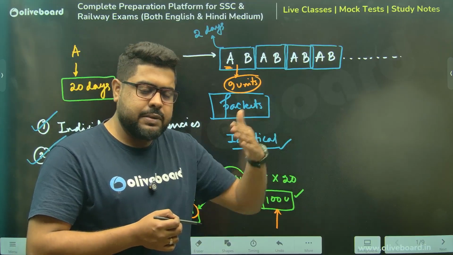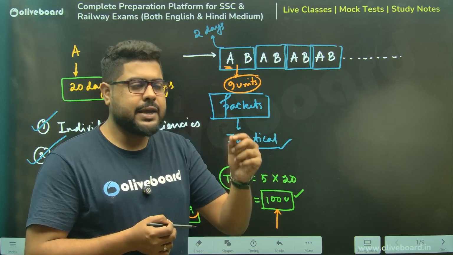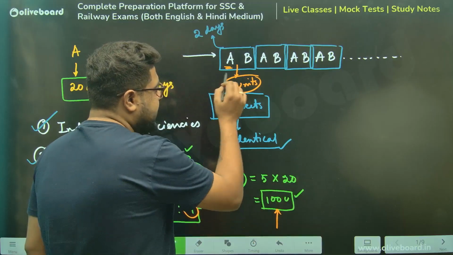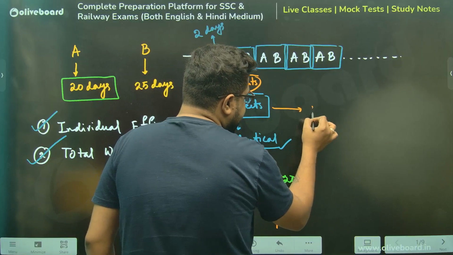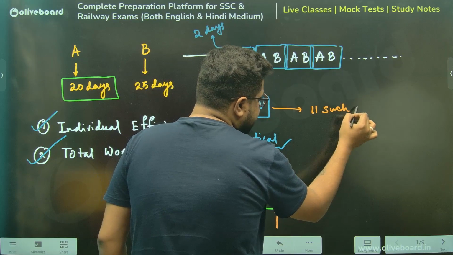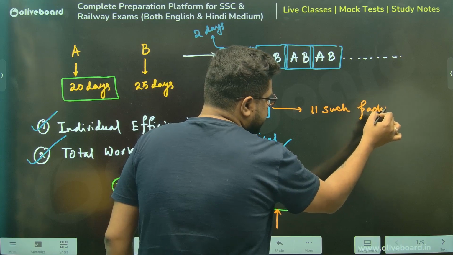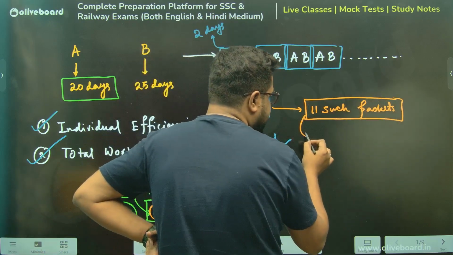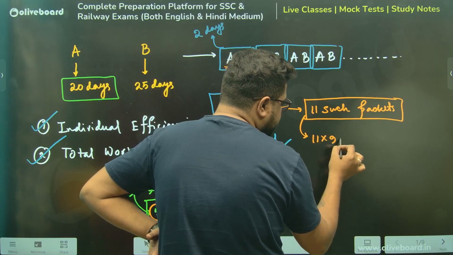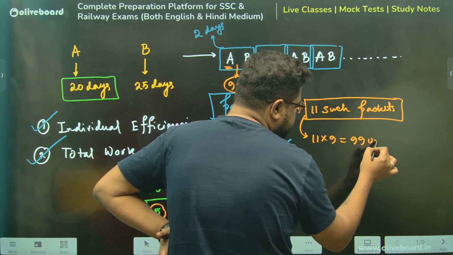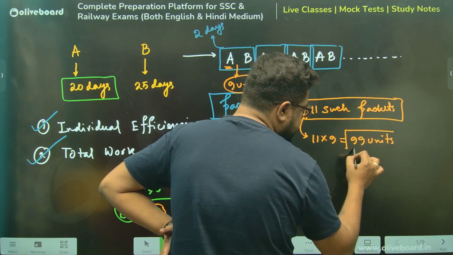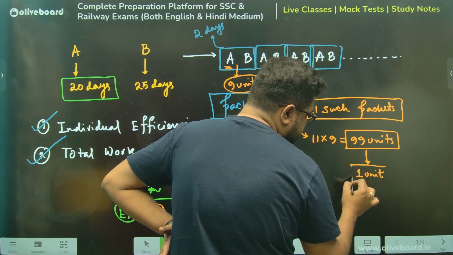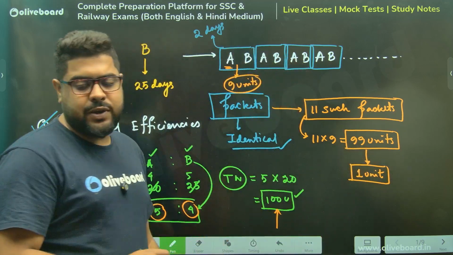I have to be less than 100 units, but as close to 100 as possible. So if I take 11 such packets, that implies I have done 11 into 9, 99 units of work. But the whole job is not yet complete. I still have 1 unit to do.